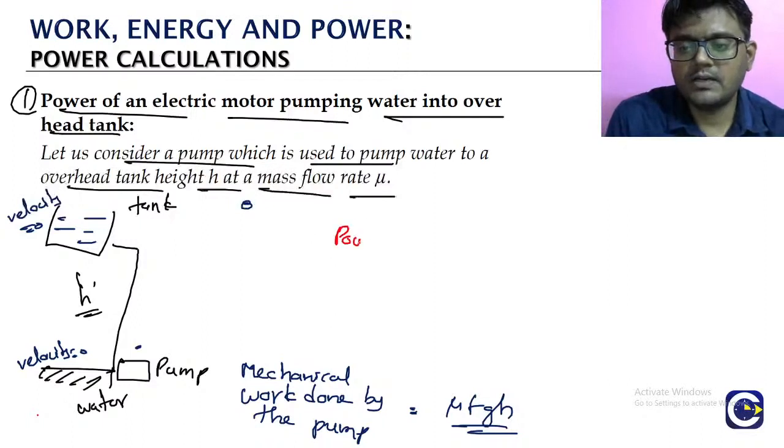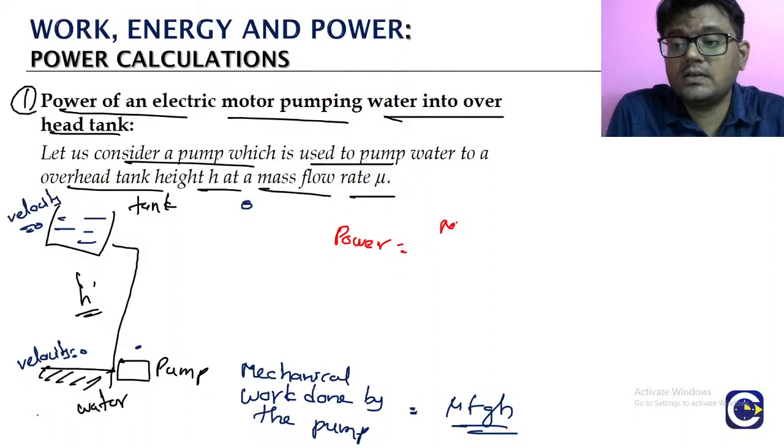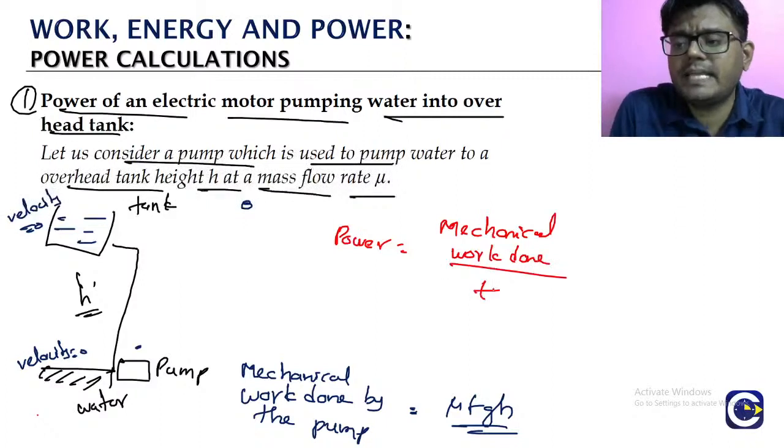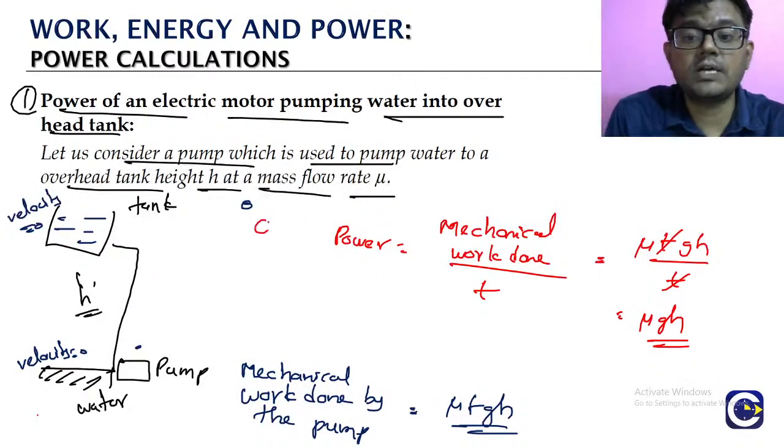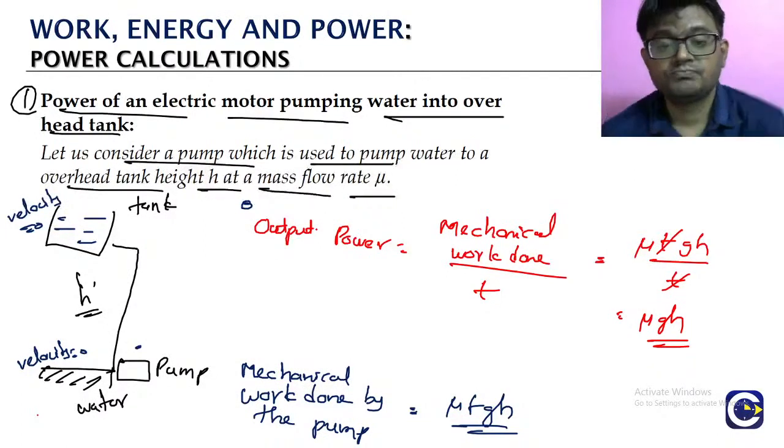So power will be what? The mechanical work done divided by the time taken, that is t. Okay, so what is it? Mu t g h by t. t will get cancelled. What is it? Mu g h. So this power is also called as what? As I said, output power, because that is what we are seeing in the output.